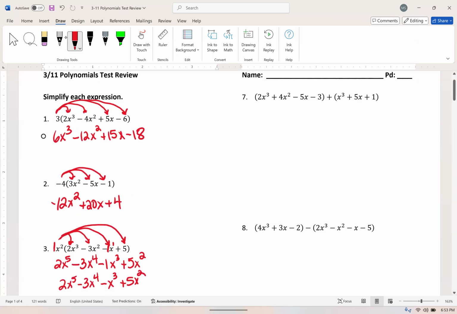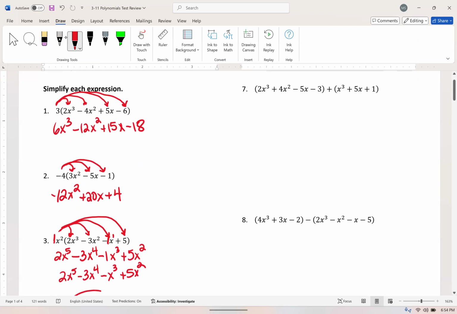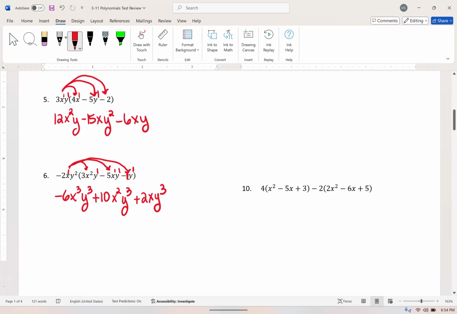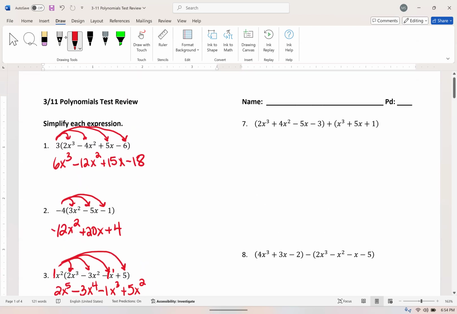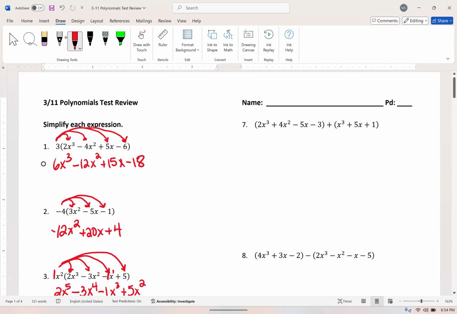Number 7, now we're no longer doing multiplication. We have parentheses, yes, but we have a plus sign between the parentheses. We don't have anything in front of the parentheses, so this is really just combining like terms. You don't really have to even consider the parentheses in this particular problem. So I have a 2x to the third and a 1x to the third, so that's going to be 3x to the third.